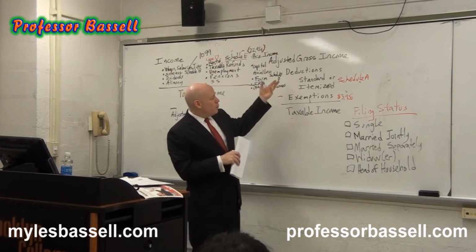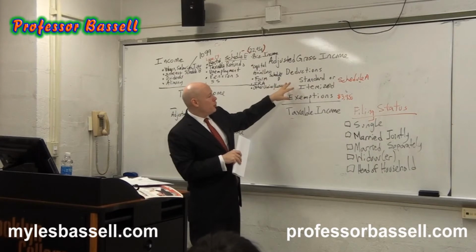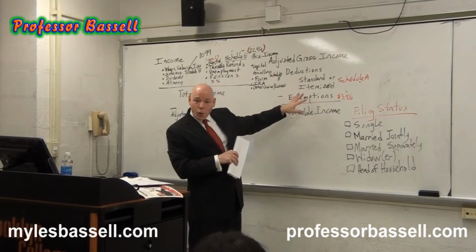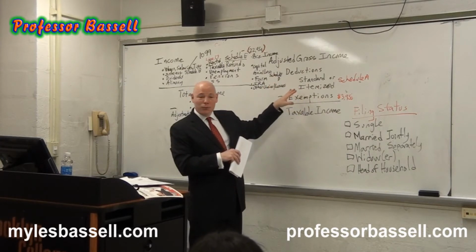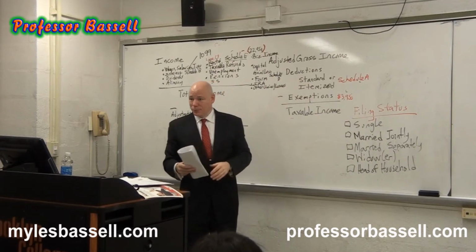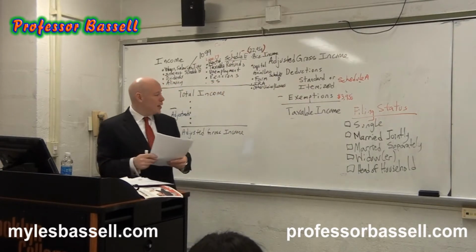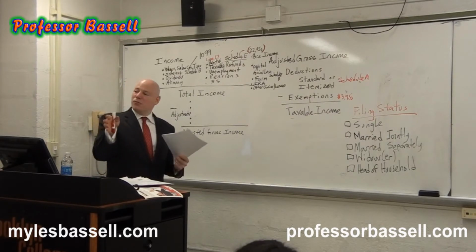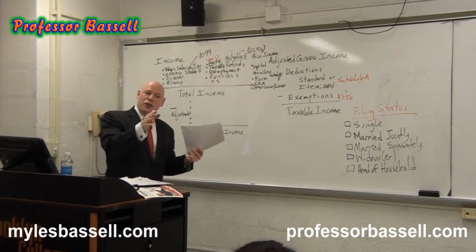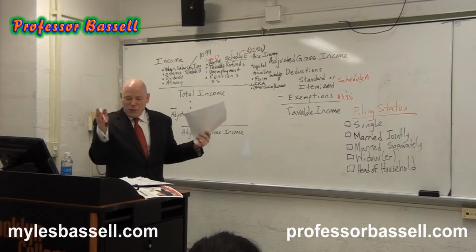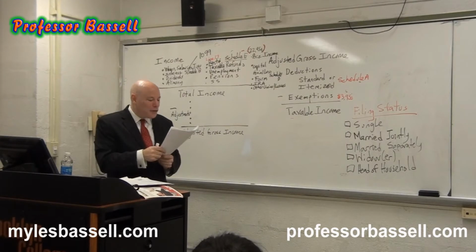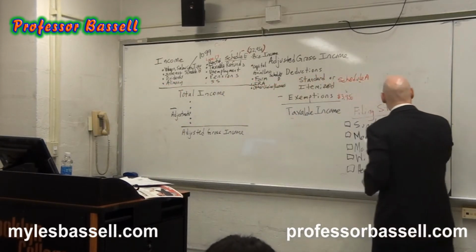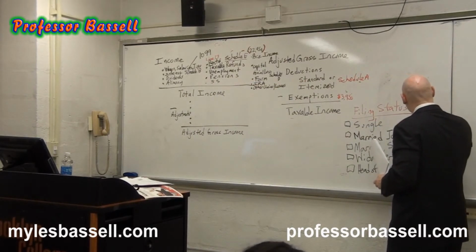So we're at the point now in our tax return where we're talking about deductions. Either we're going to take the standard deduction or we're going to itemize our deductions and fill out Schedule A. So for 2014, and every year it changes by 100 or $150 or so. In 2013, for single, it was $6,100. But in 2014, it's $6,200.